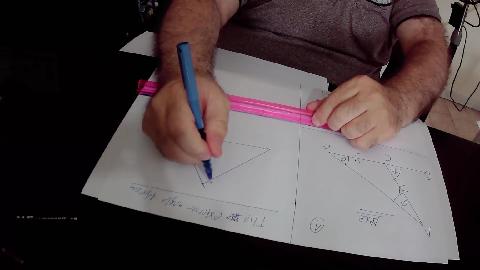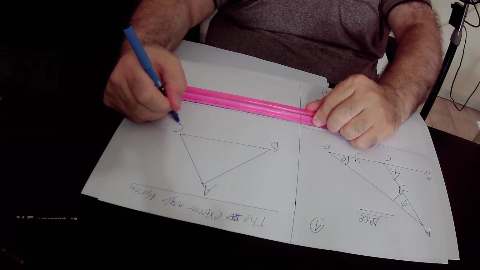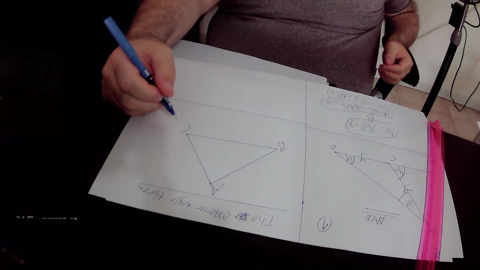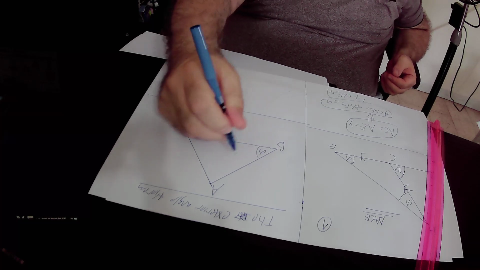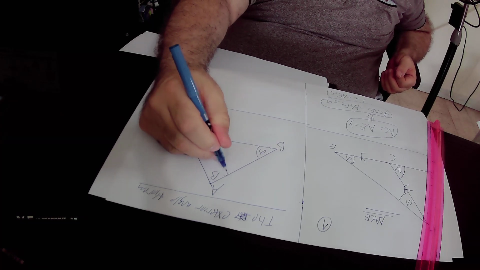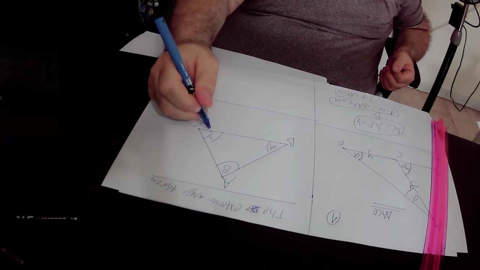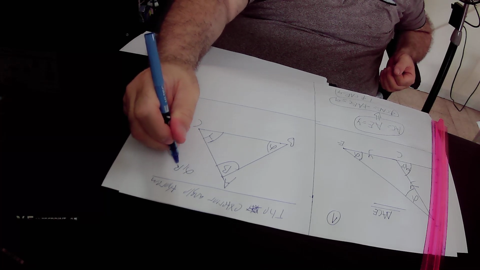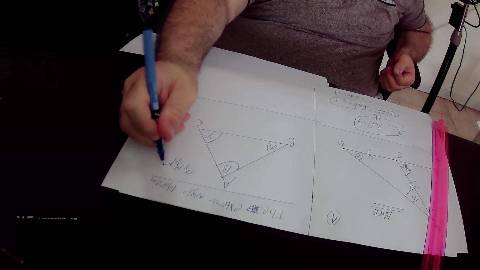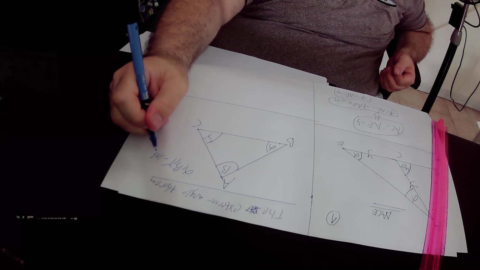In triangle ABC, this angle equals alpha, this angle equals beta, and this angle equals gamma. Here angles alpha, beta, and gamma are defined as interior angles because they are located inside triangle ABC.